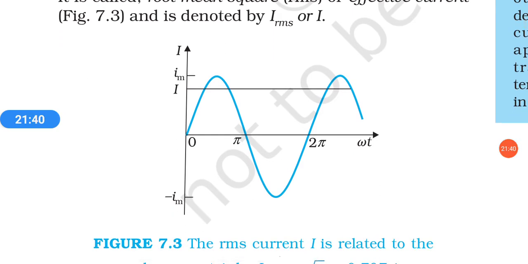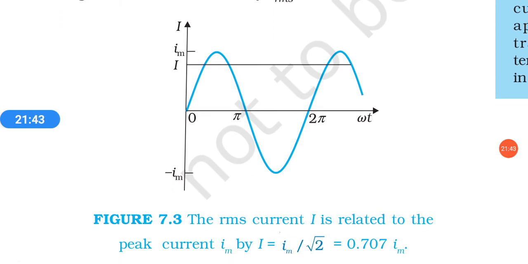So this RMS current I is related to the peak current Im: I is equal to Im upon root 2. This is 0.707, the 3 dB value. In electromagnetic waves, I will explain what the 3 dB is.